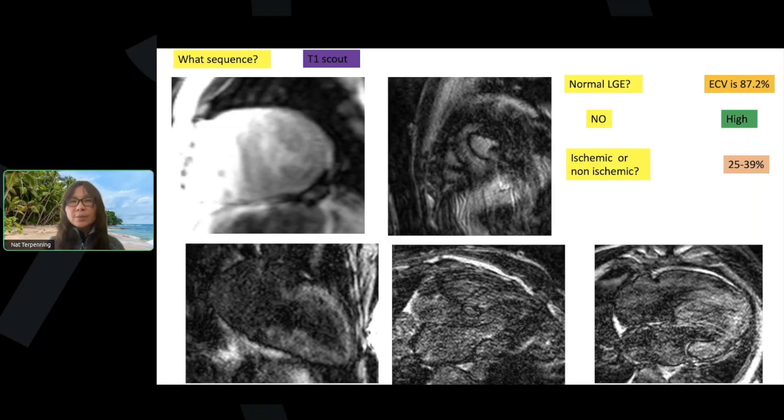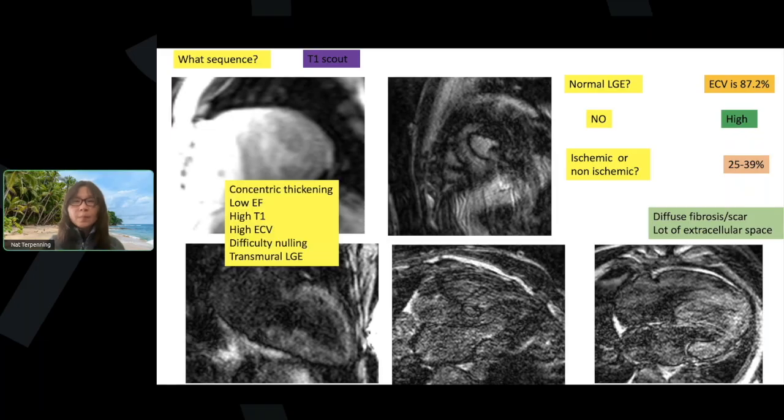It just tells you that there is a lot of extracellular space, or a lot of scar here. So this person has concentric thickening, low EF, high native T1, high ECV, difficulty nulling, transmural enhancement. This is amyloid. Very slam dunk amyloid case here.